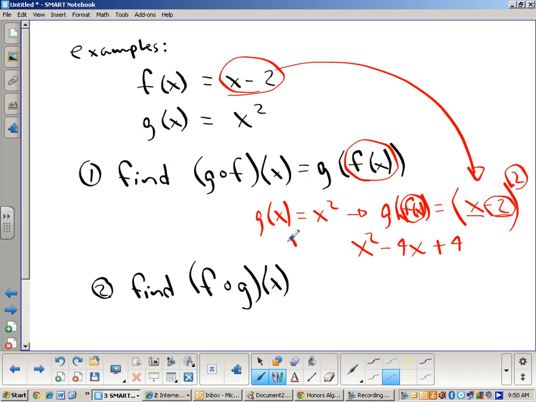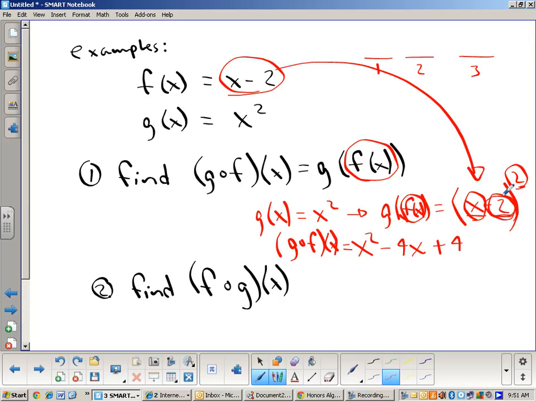So how'd you get the negative 4? Remember when you square a binomial, you get 3 terms. The first one is the first term squared. The middle one is the first times the second times 2. And the third one, the last square, is the last term squared.